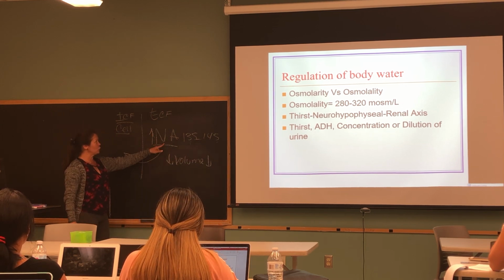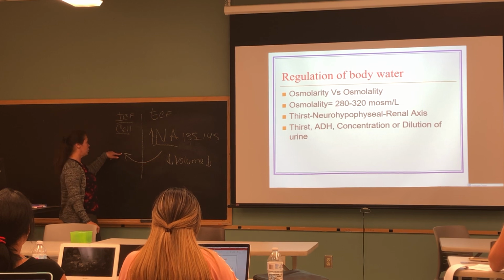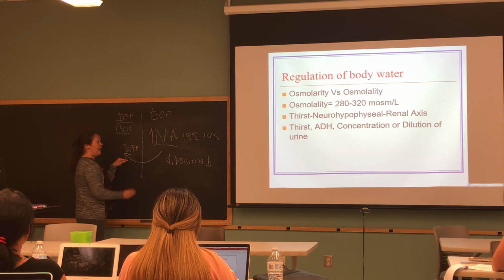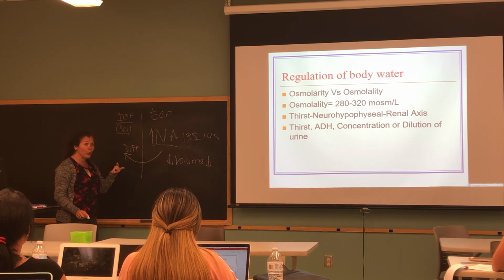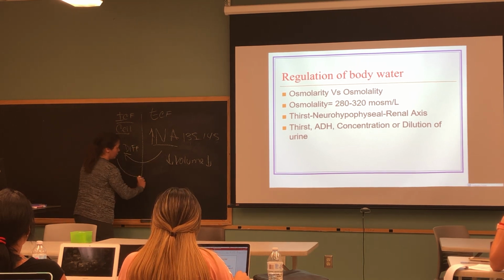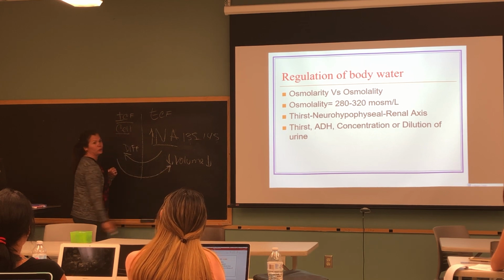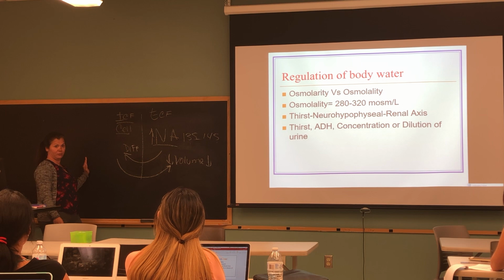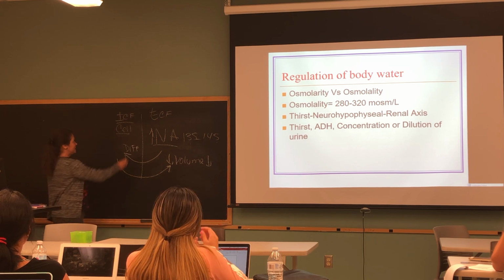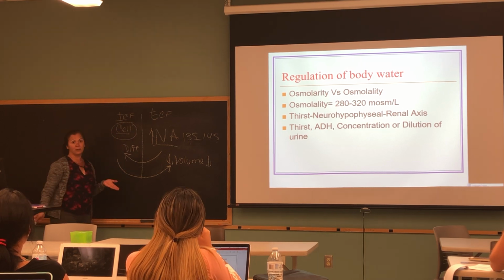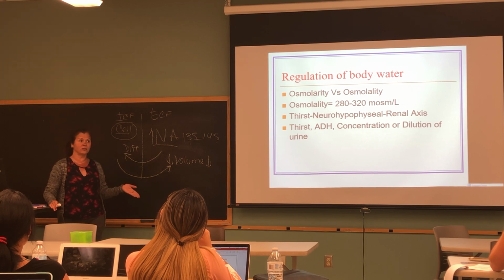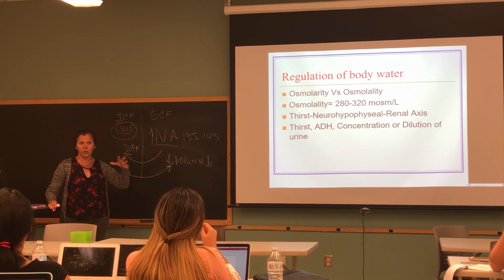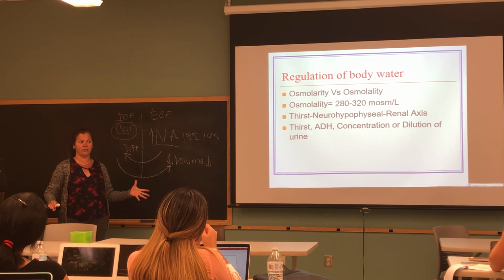The solutes will go from a higher concentration to a lower concentration by diffusion, and the water by osmosis goes from a higher concentration to a lower concentration. Because if the volume is low here, it makes sense that it's high here. So the cell will shrink, and on top of dehydration, the patient will have neurological manifestations.